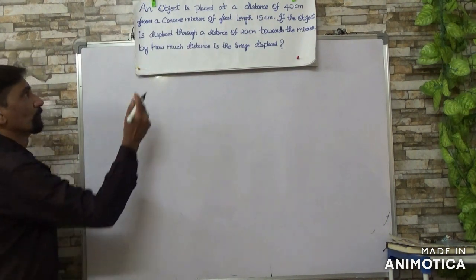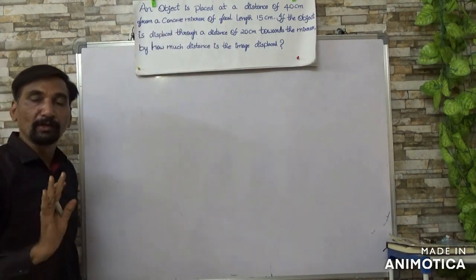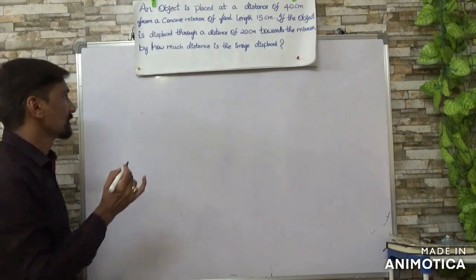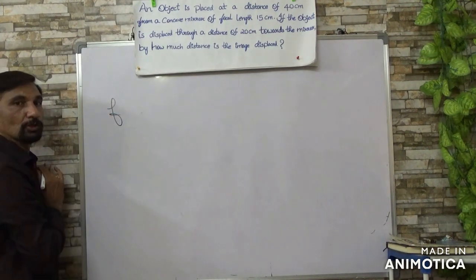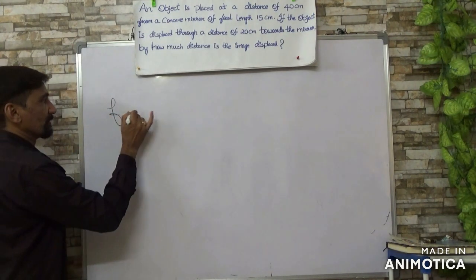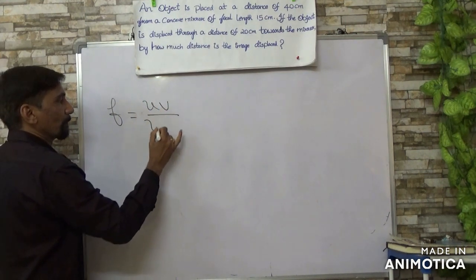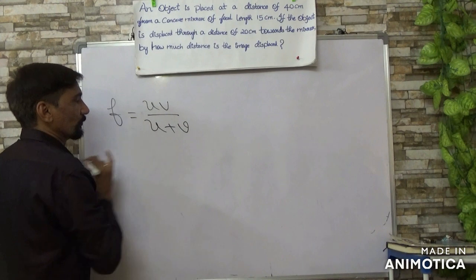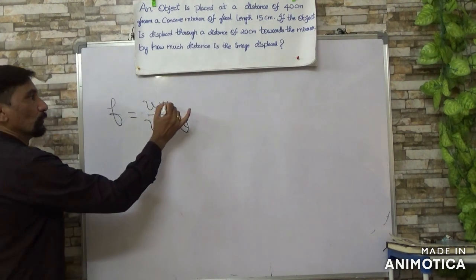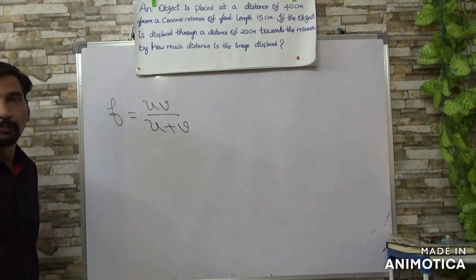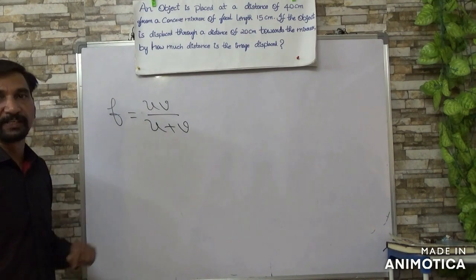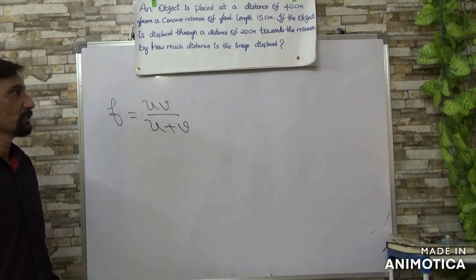Whether it is concave or convex, the formula we use is f equal to uv by u plus v, where u is the object distance and v is the image distance.